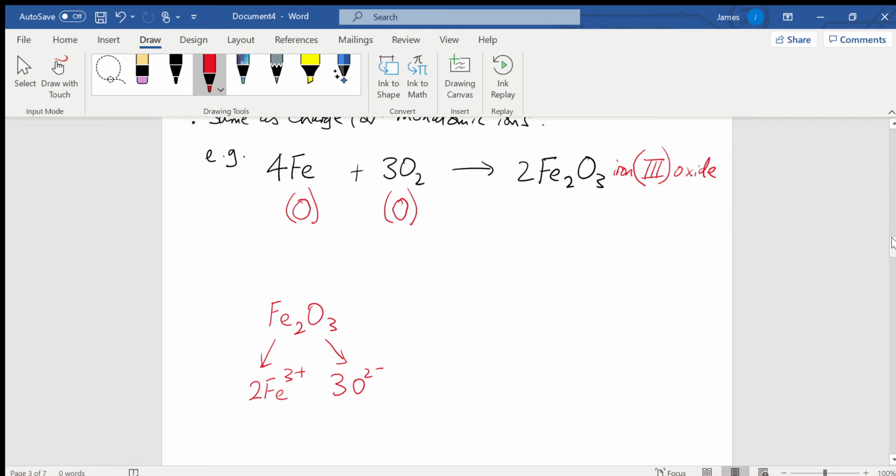That's what this would break up into if it's separated into free ions. And we know that for the cation here, the 2 multiplies the 3 and we have a +6 charge. The 3 multiplies the 2 and we have a -6 here. And the +6 and the -6 come together to give a 0 net charge. So it's an ionic compound. There's no residual charge on it.